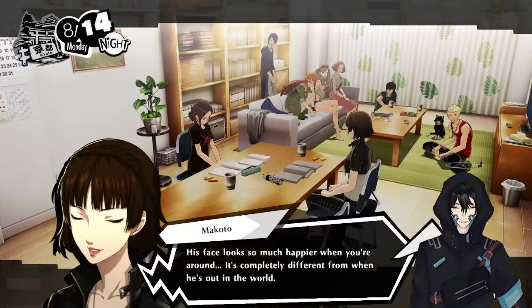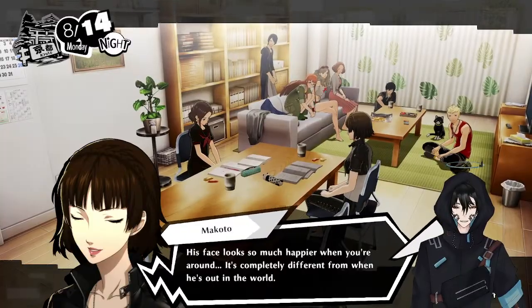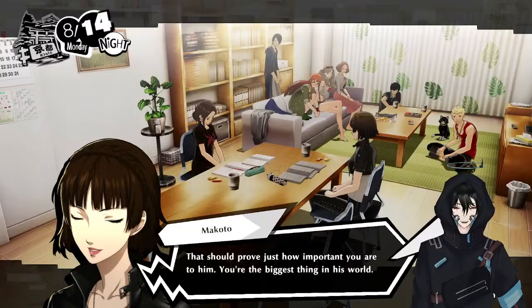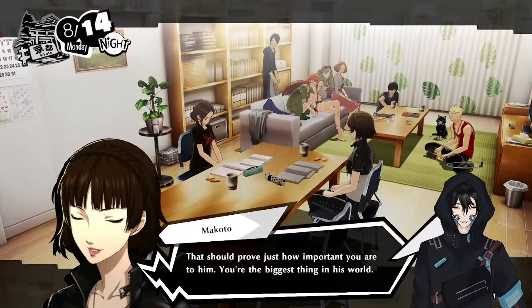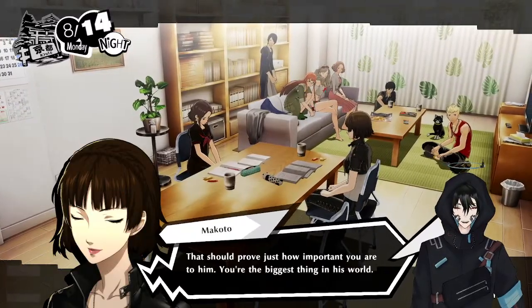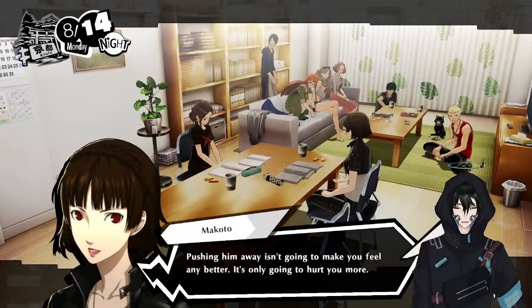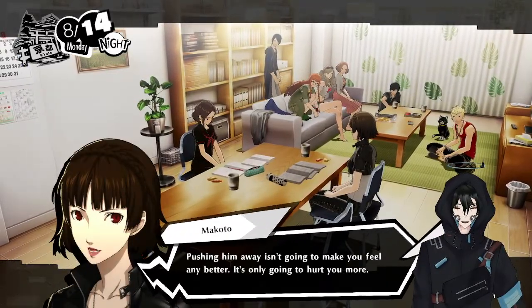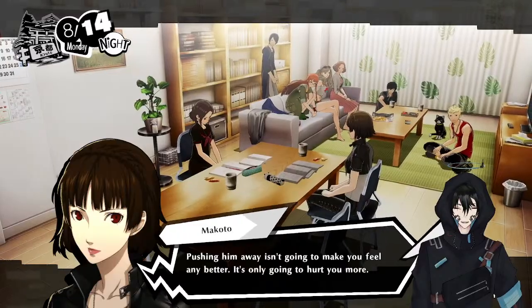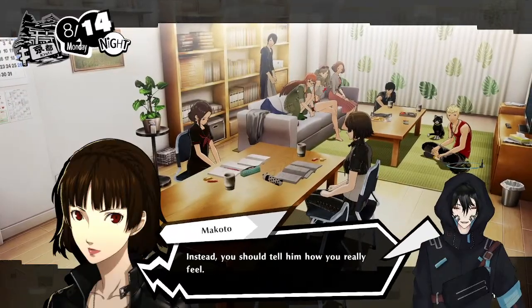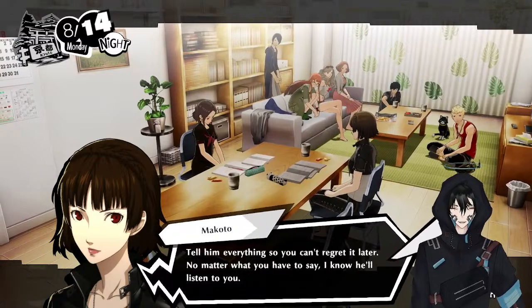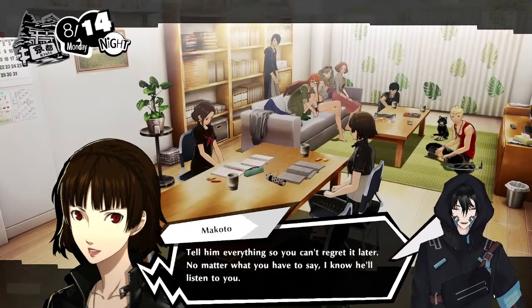Really? He looks so much happier when you're around. A bit different from when he's out on you. That should prove how important you are. Yeah, biggest thing in his sport. Pushing it away isn't going to make you feel any better. It's only going to hurt him more. Dad, you should tell him how you really gave him F, so you regret it.